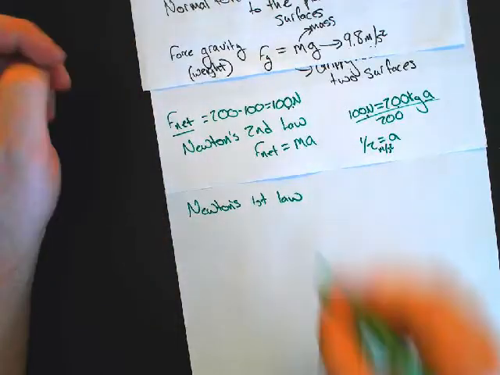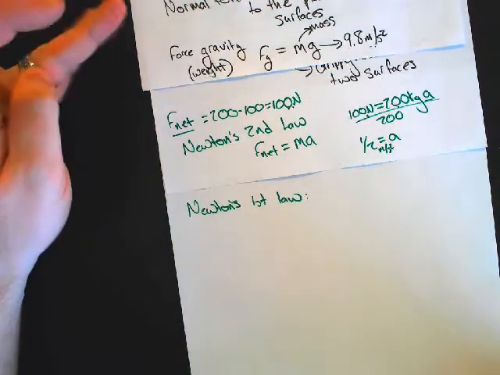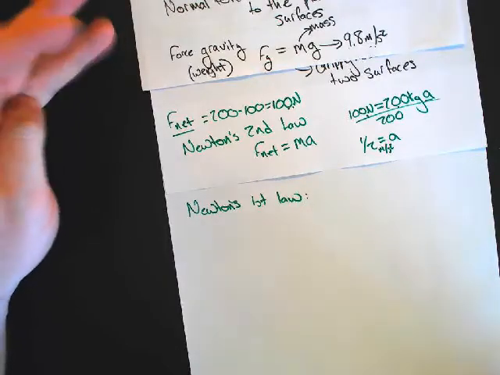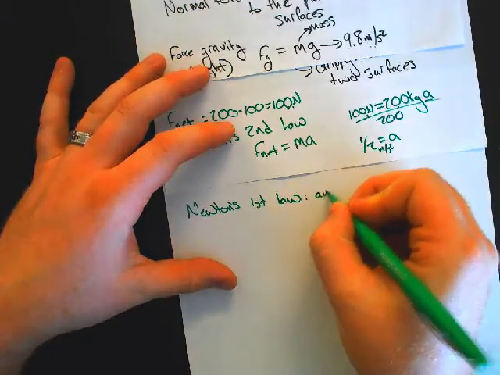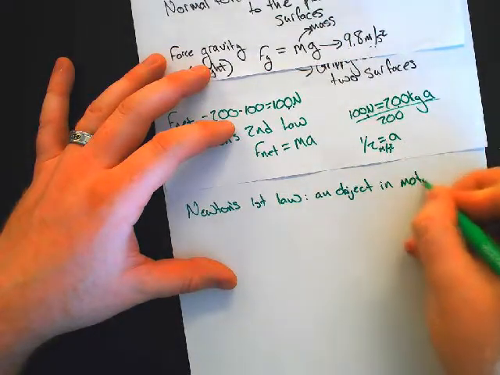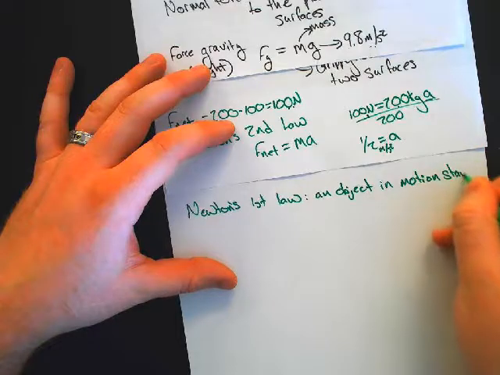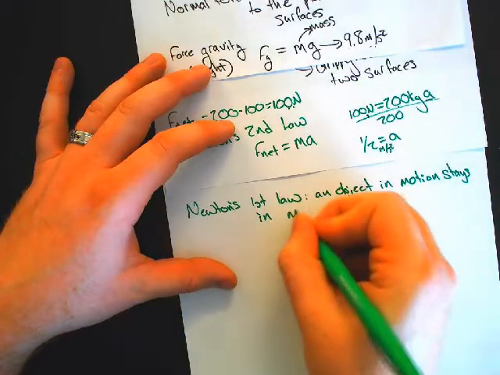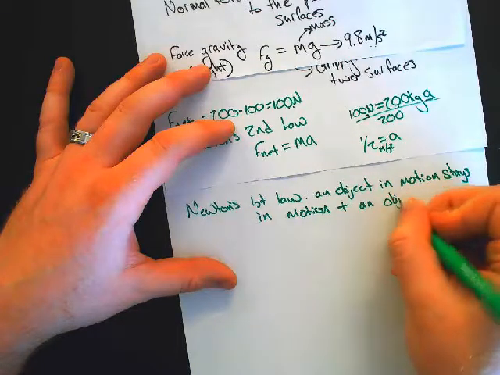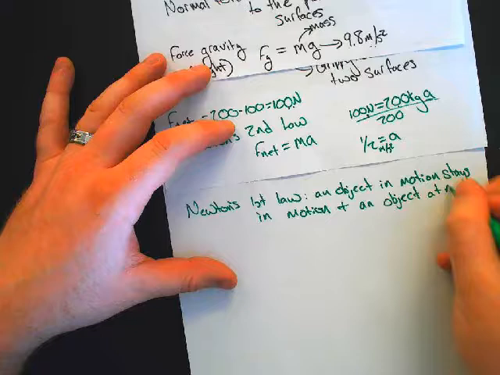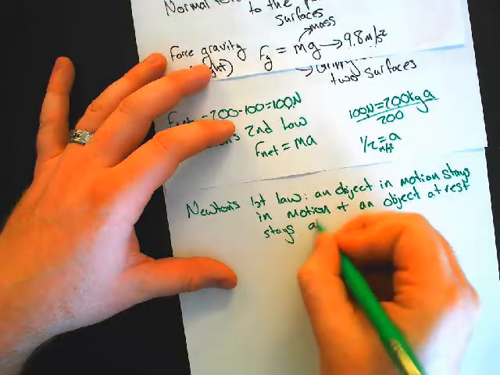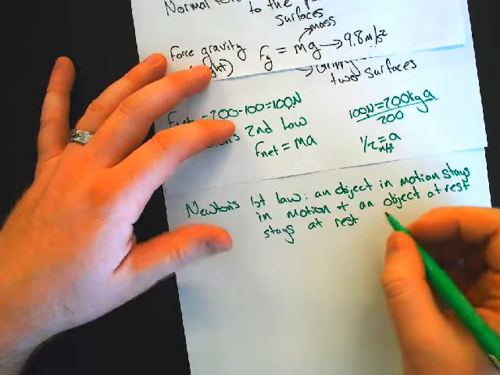Newton's first law. An object in motion stays in motion, and an object at rest stays at rest unless acted upon by an outside net force. Object in motion stays in motion, and an object at rest stays at rest unless acted upon by a net force.